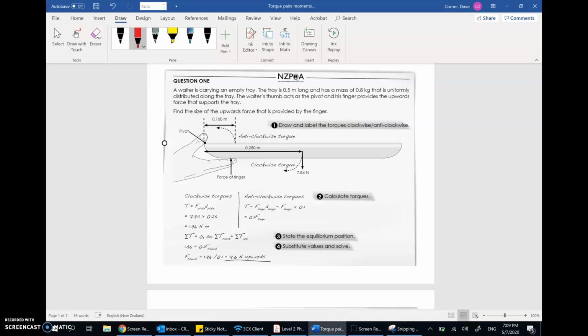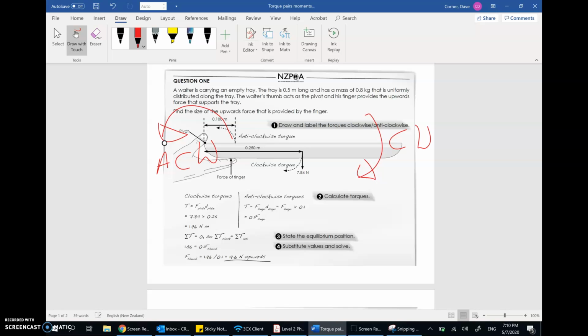One is clockwise, caused by the plate wanting to cause the system to drop that way. Meanwhile, at the other end, you have a thumb that is pushing down, and the fingers are pushing upwards, trying to turn the plate the other way around. If you have a look at those two arrows, this one is going clockwise and this one is going anti-clockwise.